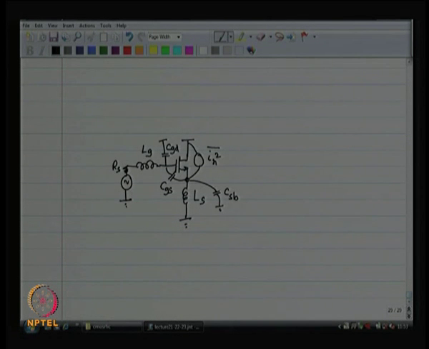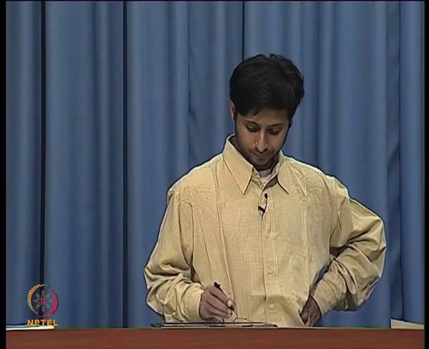Okay. So, this is what we have got. Next step, I am going to delete my input voltage source completely, it is only a resistor. Now, this particular resistor will also have its own noise voltage, that is the source noise. As far as the noise figure is concerned, it is the total noise divided by the source noise.